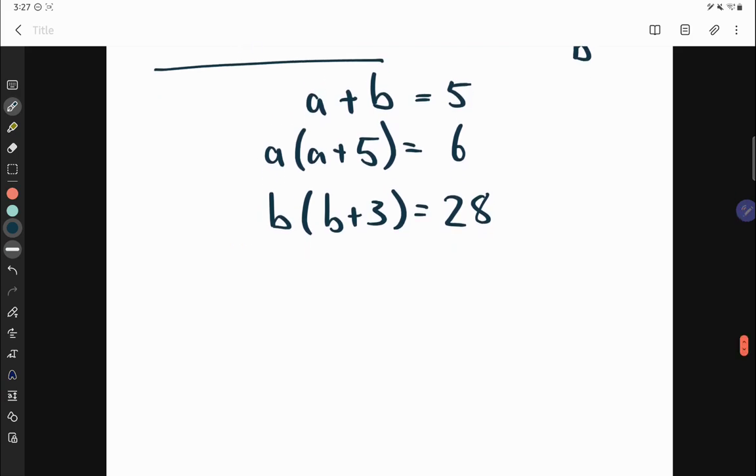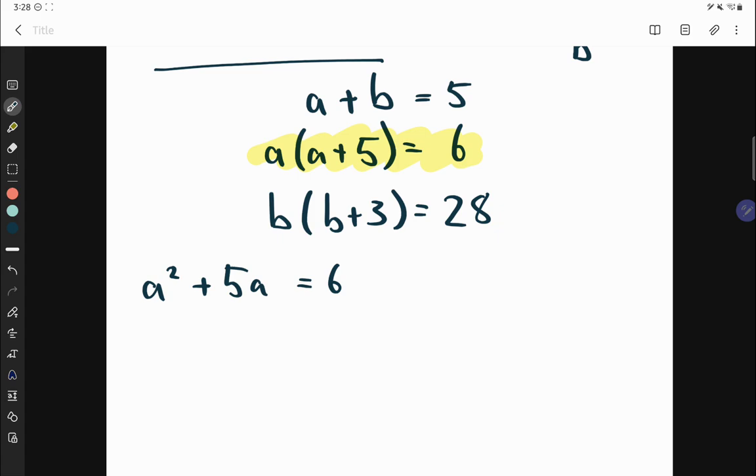So let's see what we can do with this one. Let's start here. If we were to work out A, let's expand it. We want to find out what A is. A squared plus 5A equals 6. Looks like a quadratic.